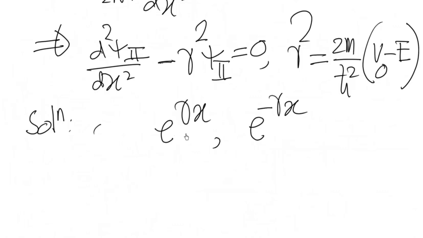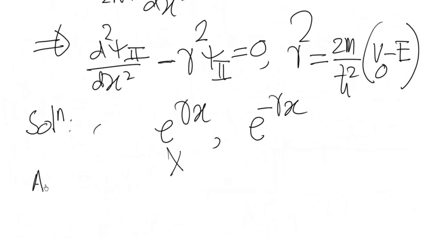Since V naught is greater than E, gamma is real and positive, and when x tends to infinity, this solution becomes infinite. This is not acceptable. Here x ranges from 0 to plus infinity because we are considering region 2.